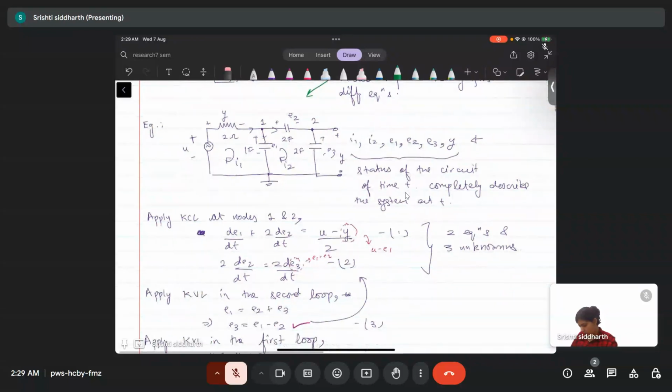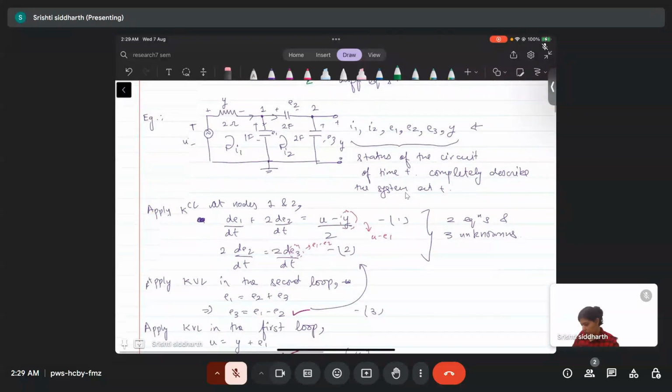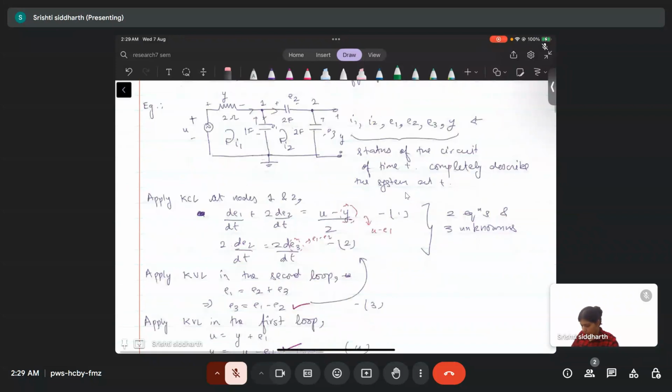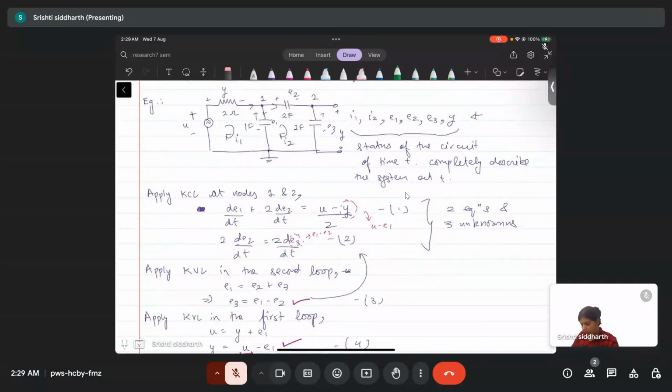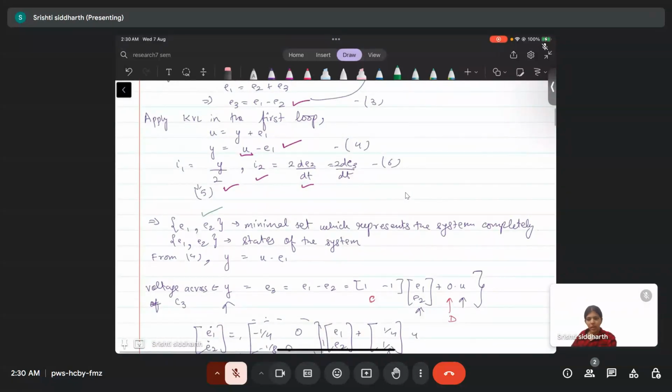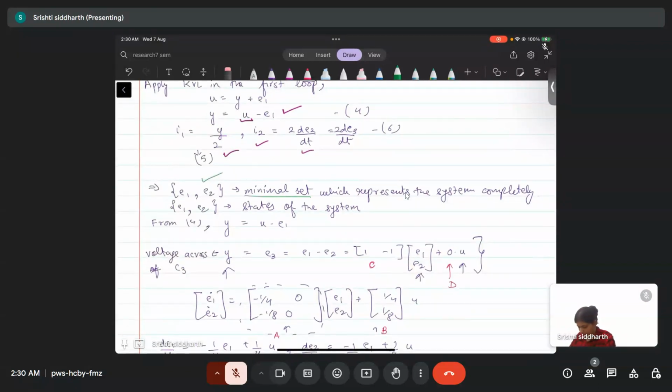This is what we have seen in this example. This was a simple electrical circuit, and we said that to obtain the status of the circuit, what we need are voltages and currents of all the elements. And we argued that instead of knowing all these voltages and currents, we only need this set, E1 and E2. And we said that this minimal set is the set of states of the system.